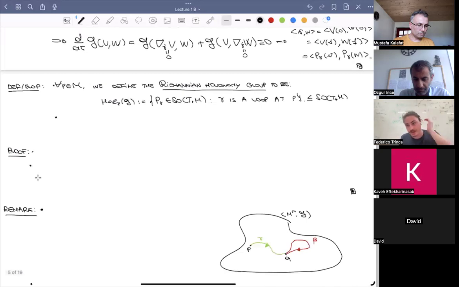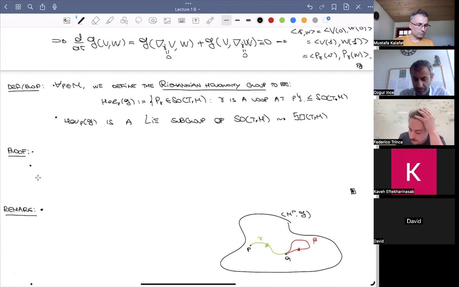And what is also true is that the holonomy group is a Lie subgroup of SO(T_pM). And its Lie algebra will be denoted by hol(T_pM) and is called the holonomy algebra.